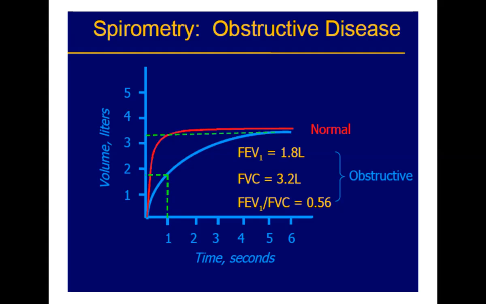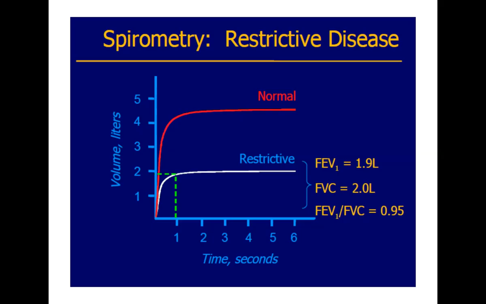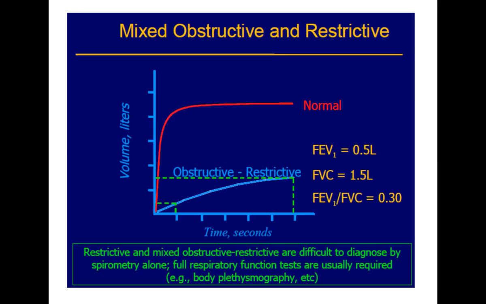In restrictive disease, the forced expiratory volume in 1 second is 1.9 liters, forced vital capacity 2 liters, and the ratio is 0.95. In mixed disease, the forced expiratory volume in 1 second is 0.5 liters, forced vital capacity 1.5 liters, and the ratio is 0.3. All these parameters are lower than normal.